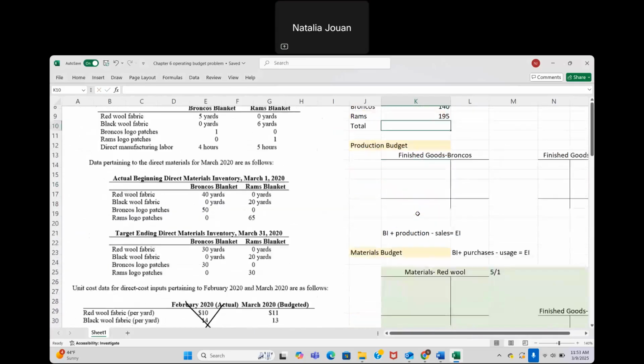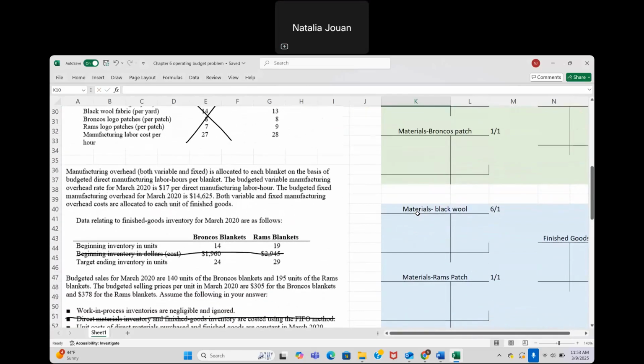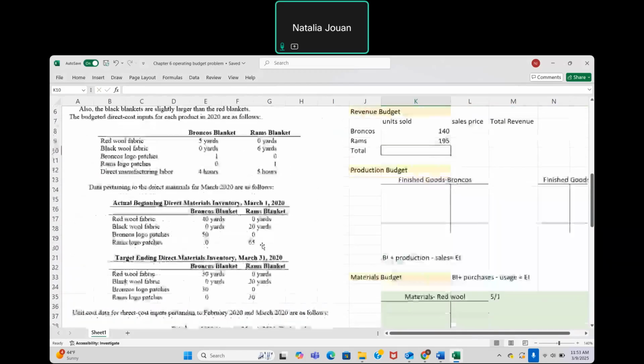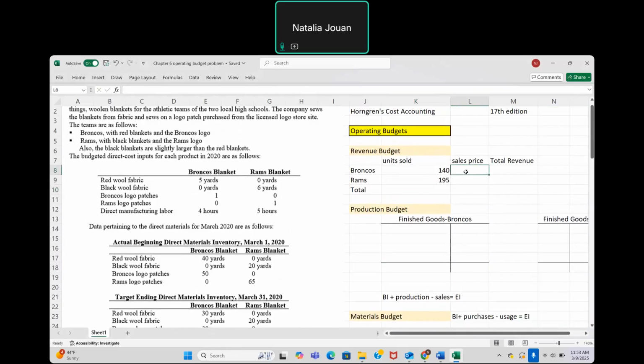Now let's see how much we're charging for each. We're going to be charging $305 for the Broncos blanket and $378 for the Rams. So $305 and $378. Okay, so now that we have the units and the price per unit, let's compute the revenues. First budget, very simple budget.